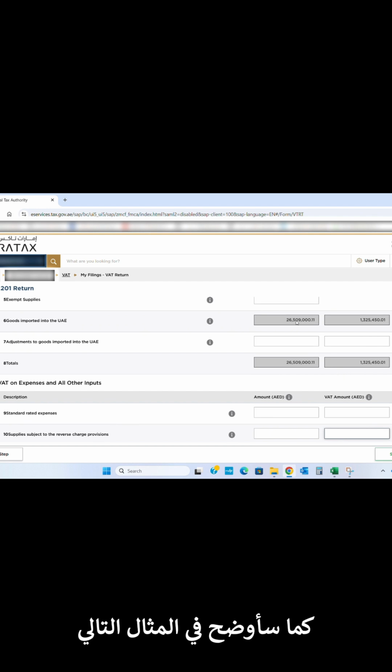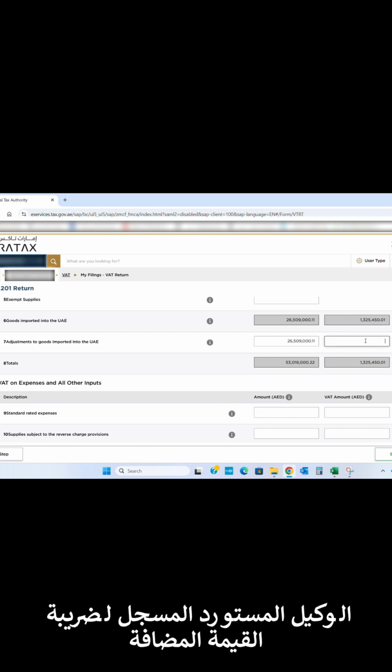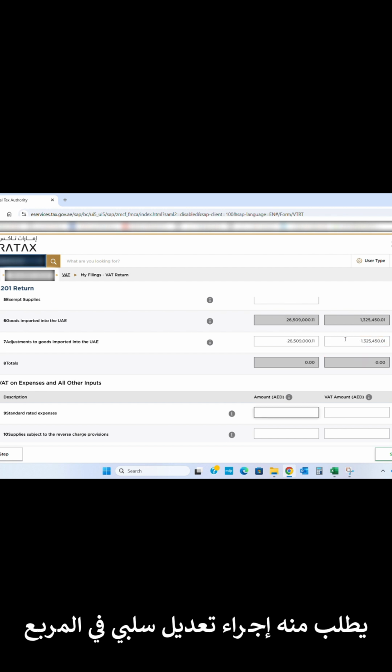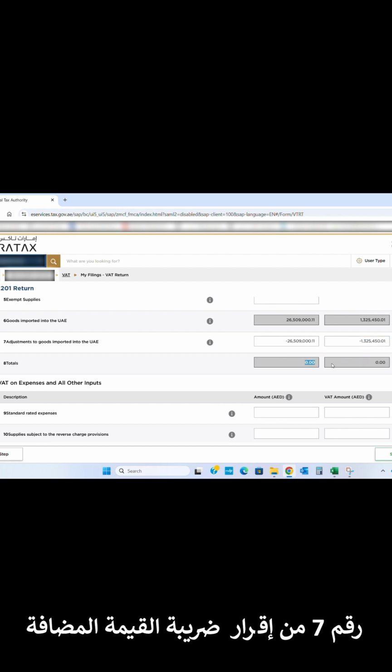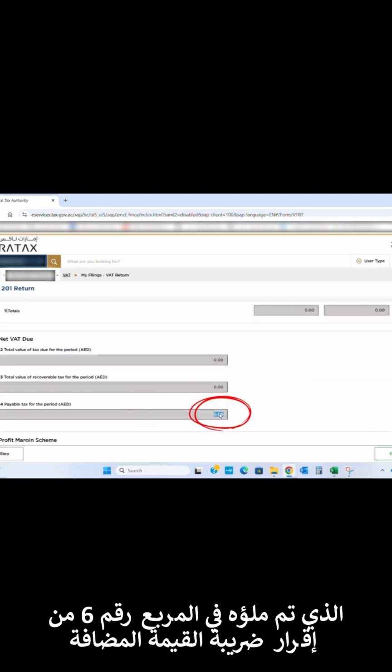As I will illustrate in the following example using the same numbers as the previous example, the VAT registered importing agent who acts as the importer of record would be required to make a negative adjustment in box number 7 of the VAT return in order to nullify the amount pre-populated in box number 6 of the VAT return.